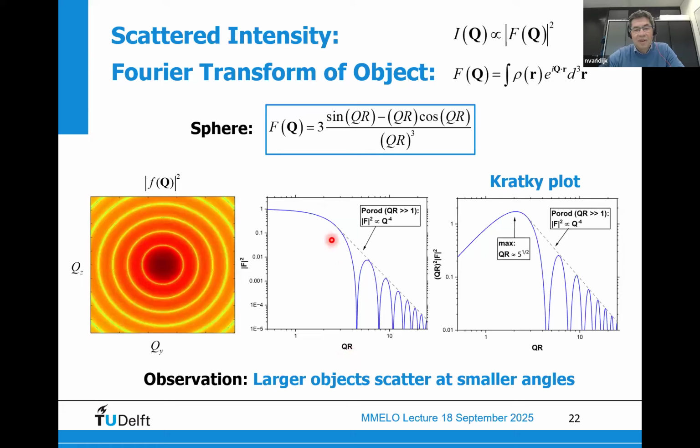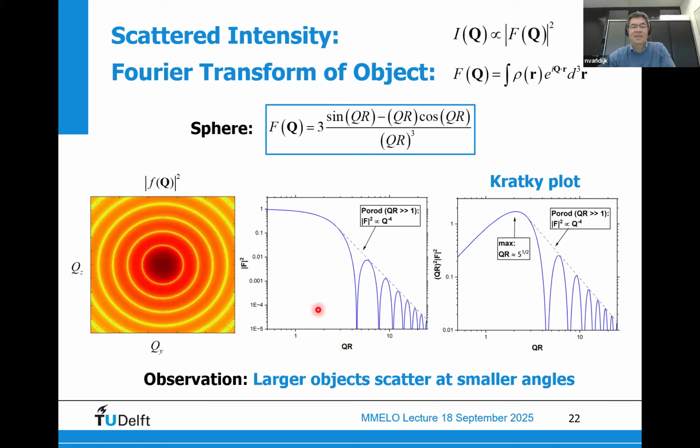It bends over at some specific number, which is an indication of the size of the scattering particle. And this is a generic picture in the combination of Q times R, which means that if you have bigger particles, the scattering will move to smaller angles.